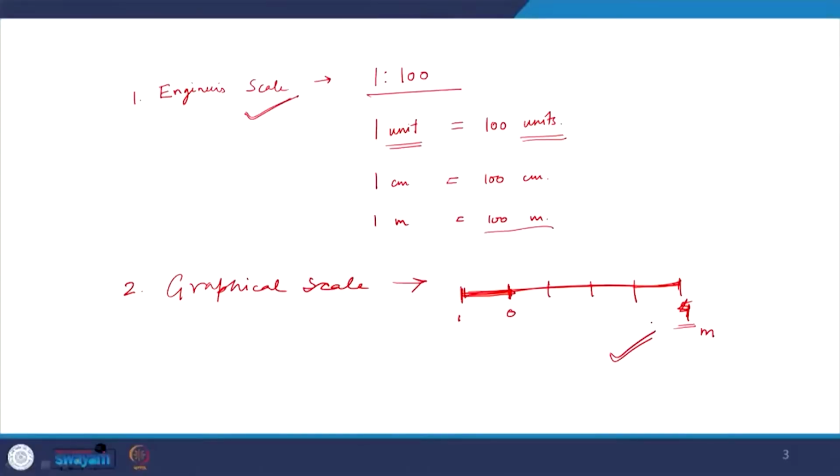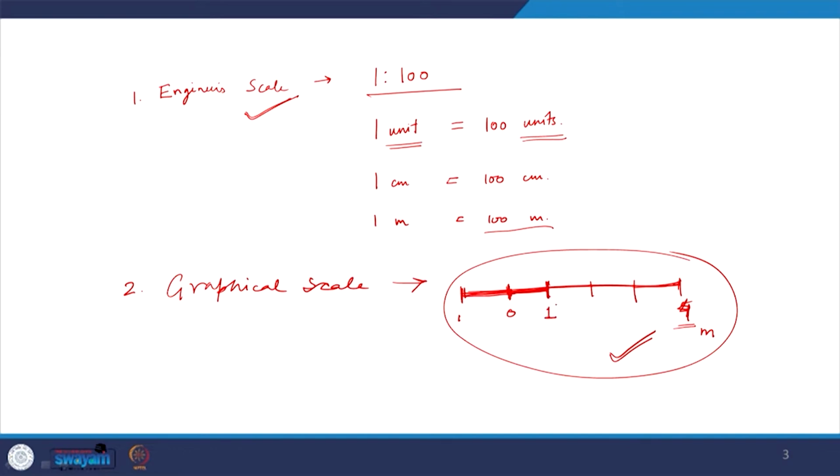So to avoid that, they would draw a graphical scale like this on the same sheet of paper. So if the paper would shrink, this entire scale would shrink simultaneously along. Of course initially there would be a proper scale which would have been used, but whatever this unit is would remain the same and it would still mean 1 meter.